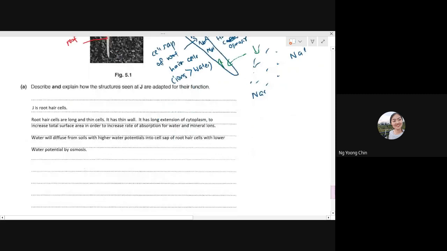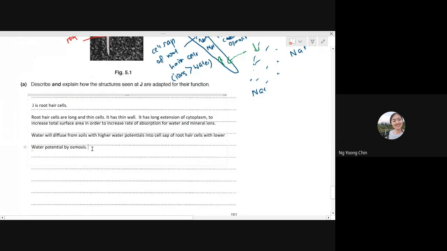So you can describe it in this way. Mineral ions are taken up by the root hair cell with active transport.